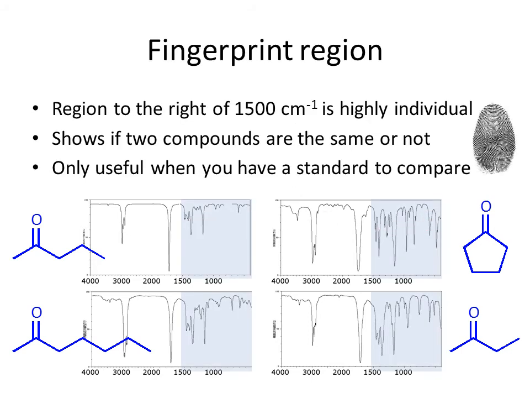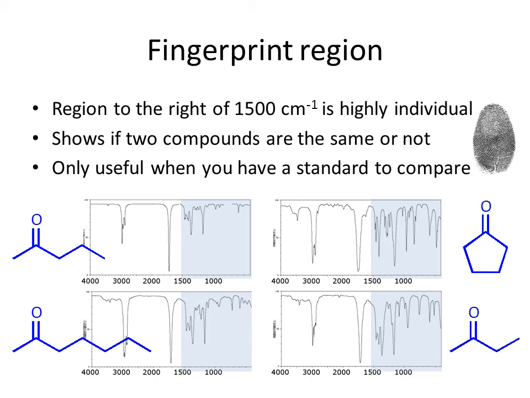These regions are called the fingerprint region, like 1500 to about 500. Now, a fingerprint is characteristic, right? If I am at a crime scene and I find a fingerprint, that fingerprint belongs to a specific person. But I can't look at the fingerprint and say, oh, from the fingerprint, that person is so and such tall and has such and such eye color or anything like that.